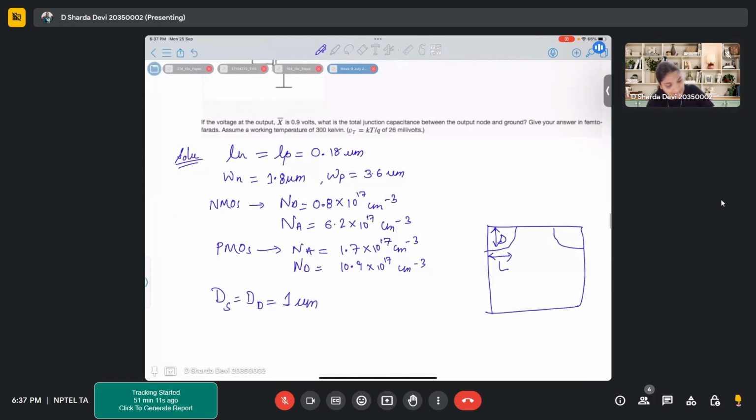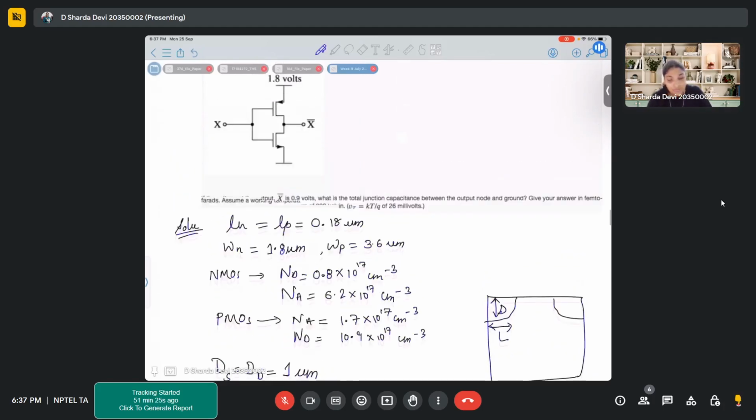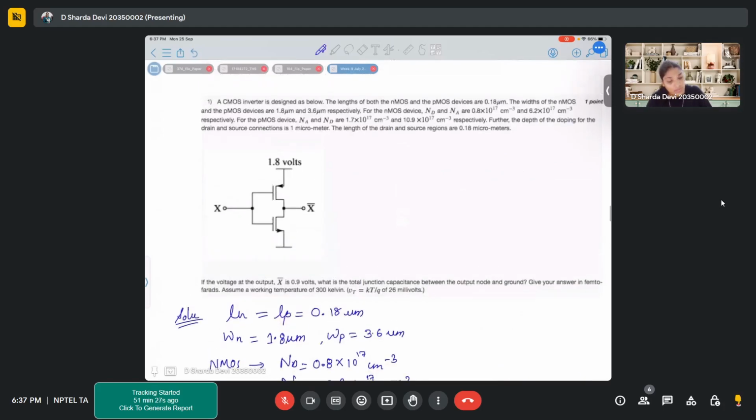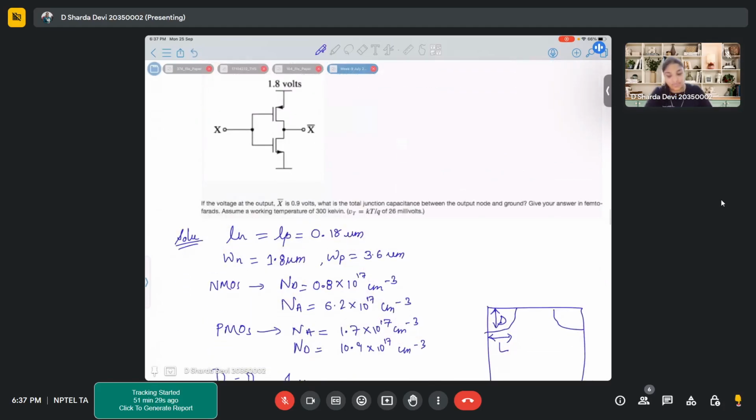So this is L, capital L of S, capital L of D is 0.18 micrometer. So these are the informations that are given.